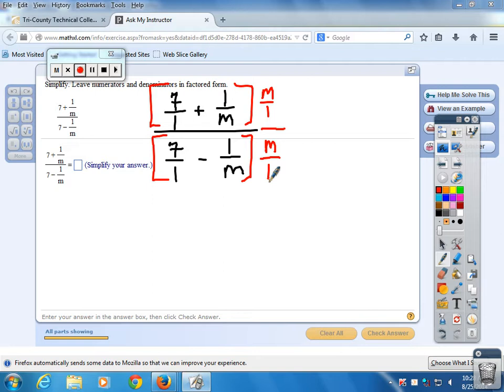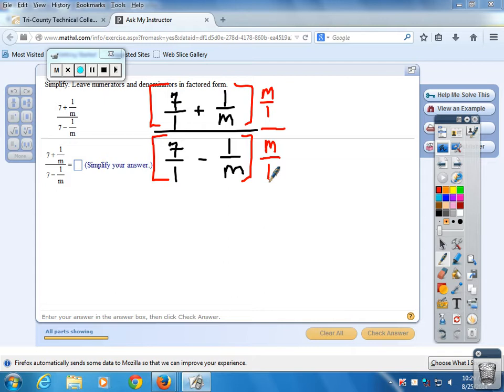So how did you get to M over 1? Well, what's the common denominator of 1 over m and 1 over m? M. So m over 1 over m over 1. If it was x squared or m squared over 1, m squared over 1.